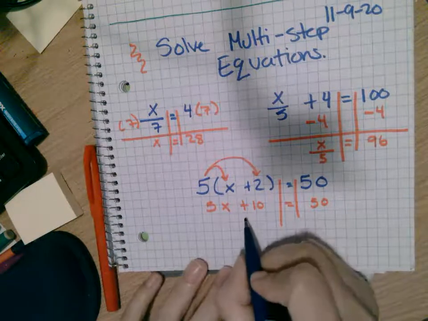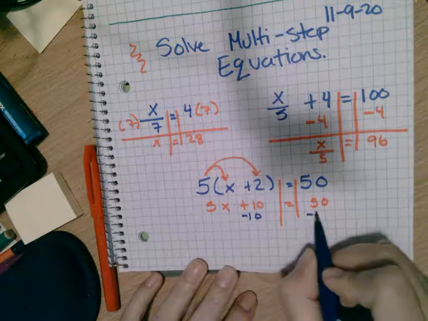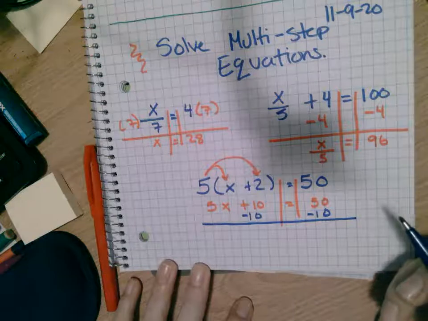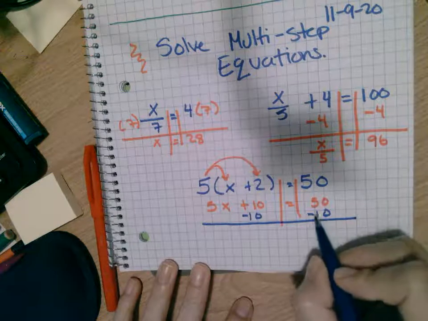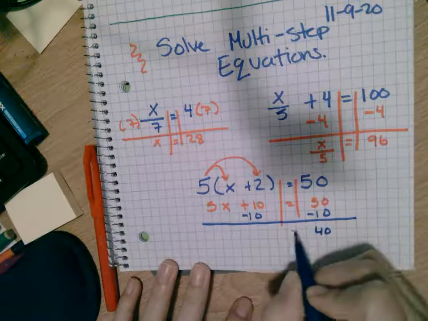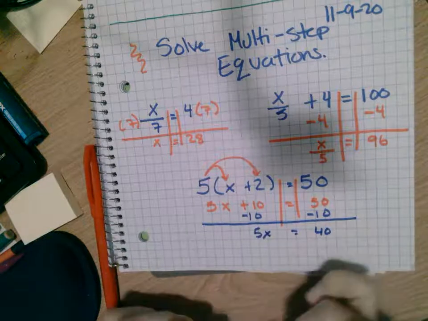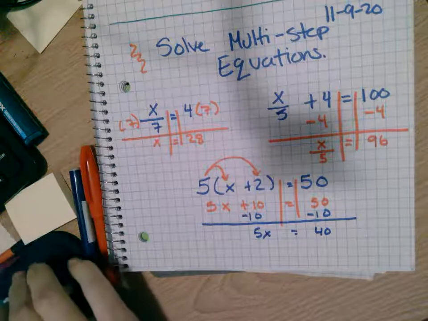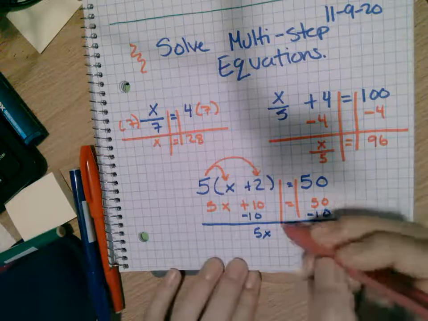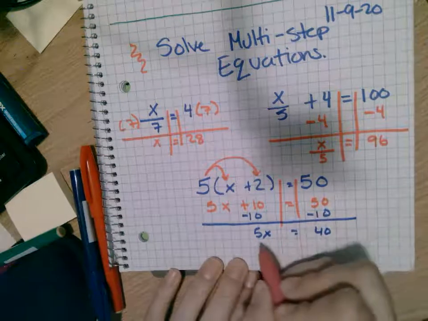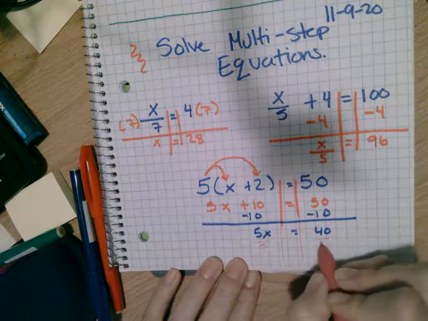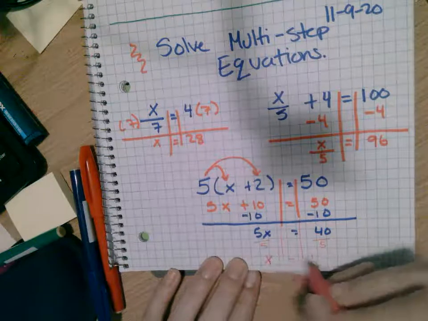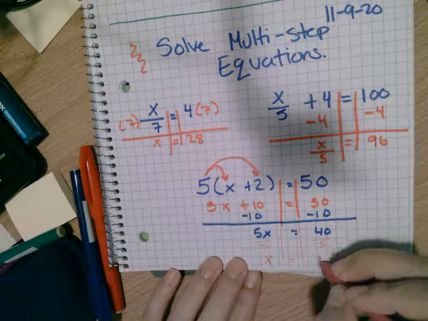So we're going to move the 10 first because it's further away from the x. So we're going to take away the 10 first because it's far away. 50 minus 10 is 40 is equal to 5x. What's our last step? Divide by 5. What is x equal to, guys? 8.